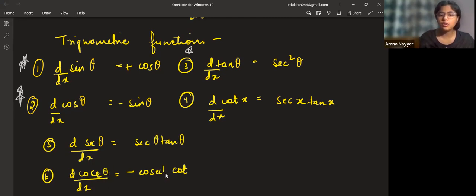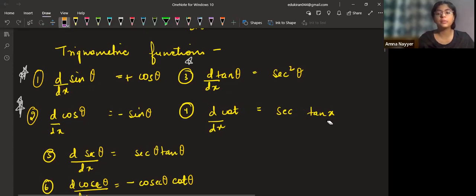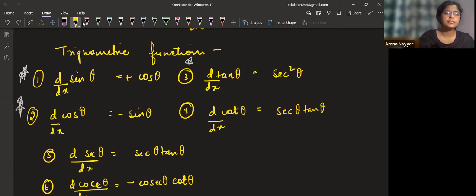Cosec theta becomes minus cosec theta into cot theta. Similar is the case for cot theta, which is the inverse trigonometric function. All of you must have studied trigonometry just in your class 10th, so you must be remembering this.